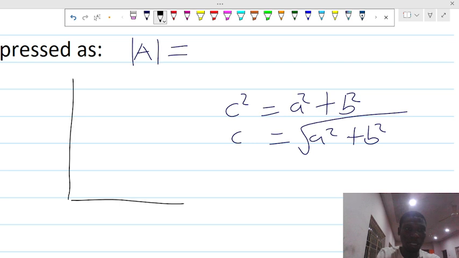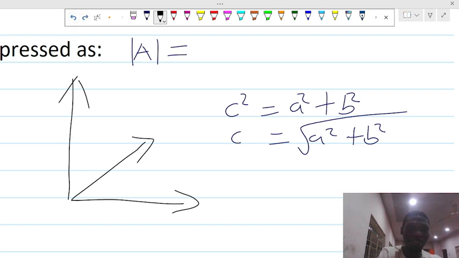So this is the x component and this is the y component, and this is our vector here. So the y component and then the x component. This is the C part.